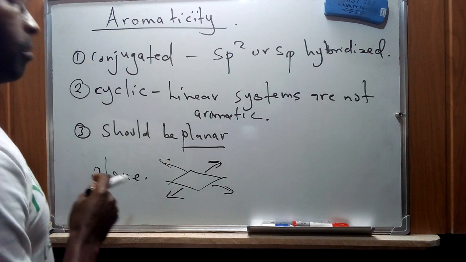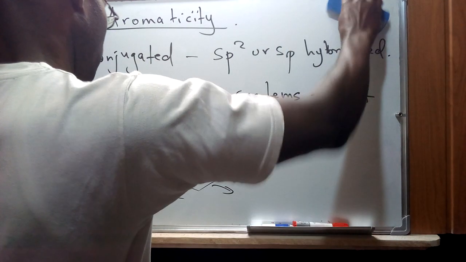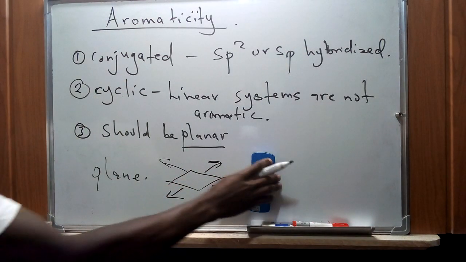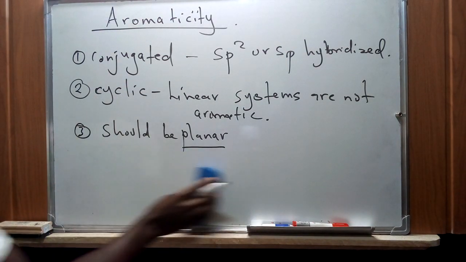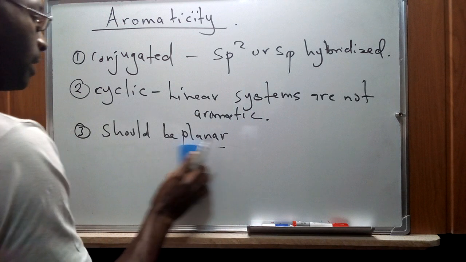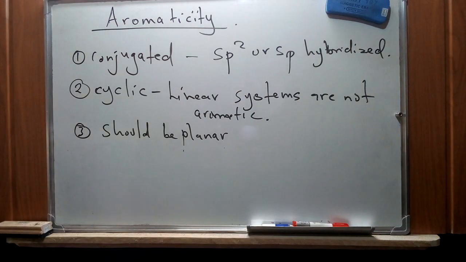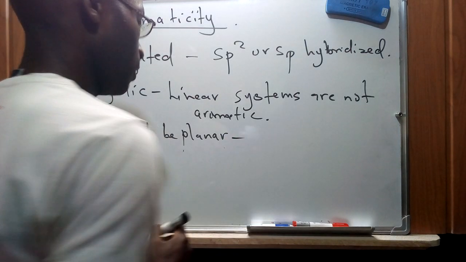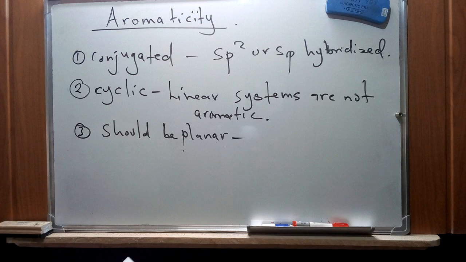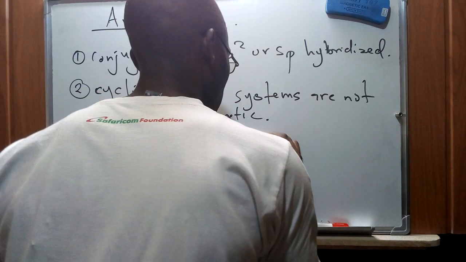The restrictions here are just for demonstration purposes, but that is what we call a plane. So the structure has to be planar, and that ensures there is a good overlap for the interaction between the orbitals, which gives this concept of stability. That is the essence of being planar: the overlap.